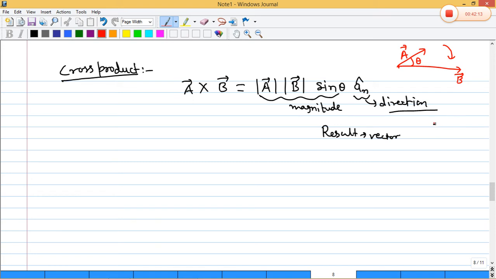If A vector is along this and B vector is along this, then what will be the direction of the result?